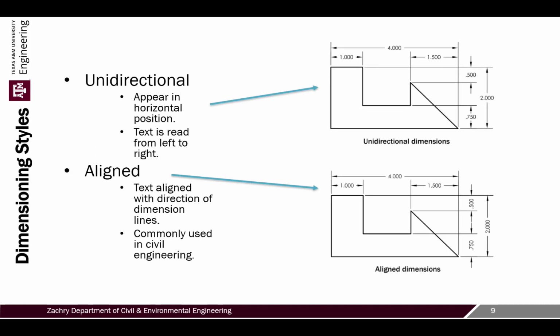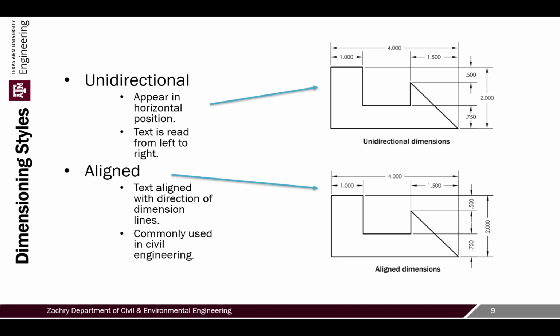Also, you will see dimension designs in certain ways that will either be unidirectional or aligned. So unidirectional would be like if I'm holding my sheet of paper, everything is lined up with the bottom edge of my sheet of paper. That'd be unidirectional. You'll see this a lot in ANSI drawings. And so the text is read from left to right, and all your dimensions are set up that way.